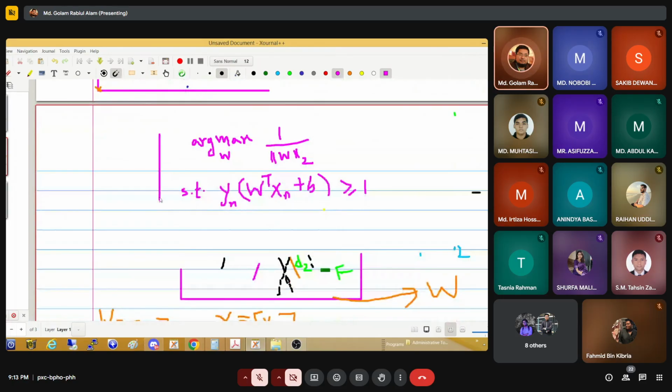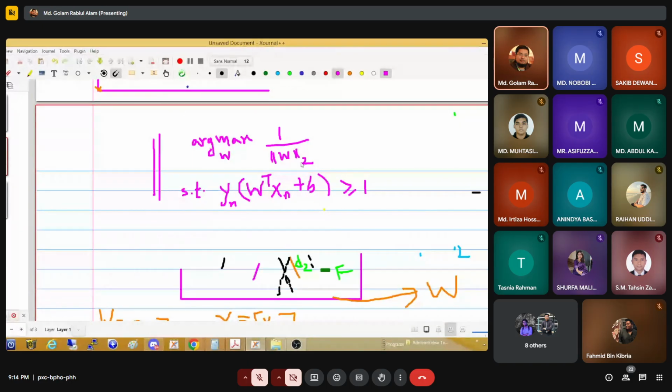So this is now our optimization equation. Okay, so we want to maximize this 1 by the norm of W such that yn W transpose xn plus b is greater than or equal to 1. So this is our optimization function now.